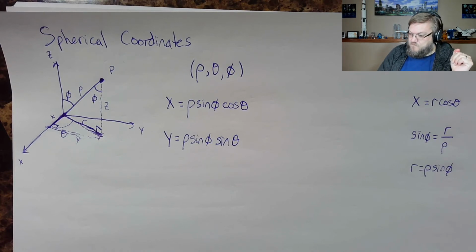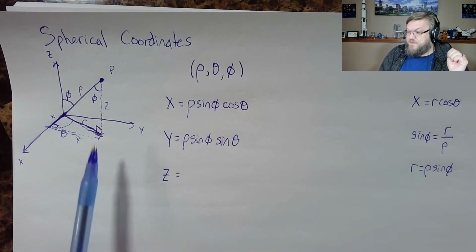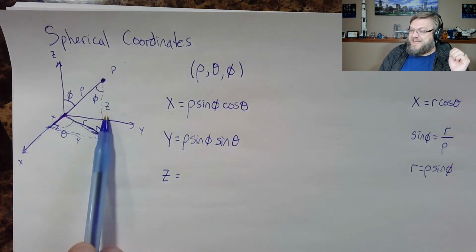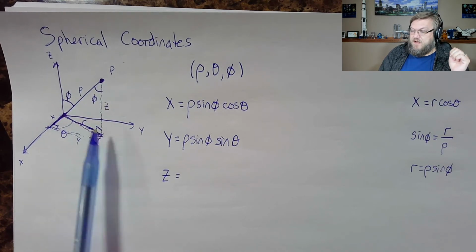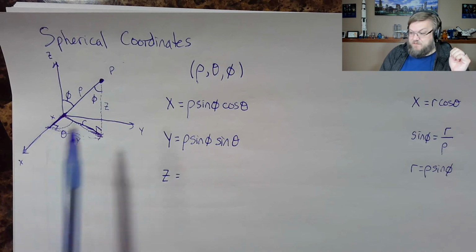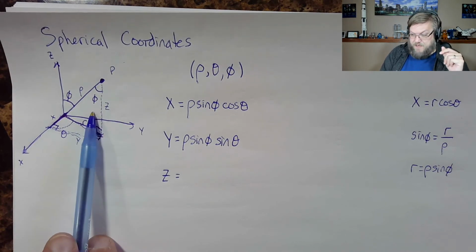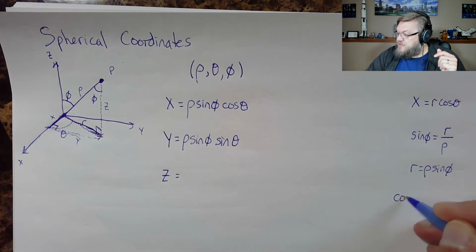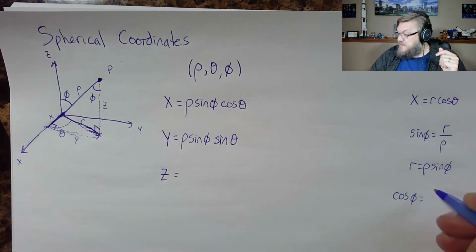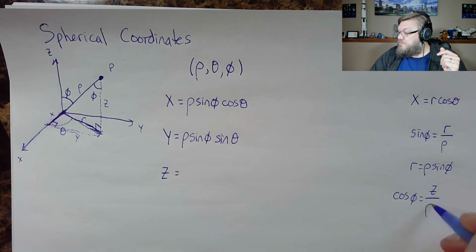Okay. What would Z equal? Well, back to our picture. Z lives right here. Z is the adjacent side relative to phi. So this is actually going to be pretty straightforward. That has to involve the cosine of phi. And so we will know that the cosine of phi is going to be the adjacent side, which is Z, divided by the hypotenuse, which is rho.